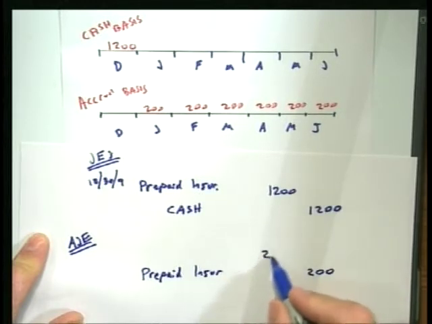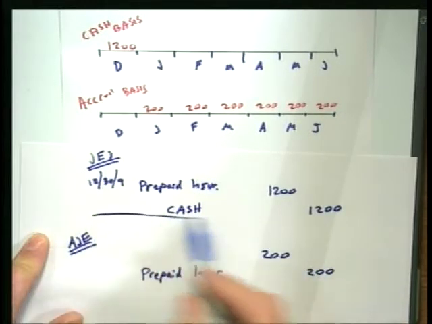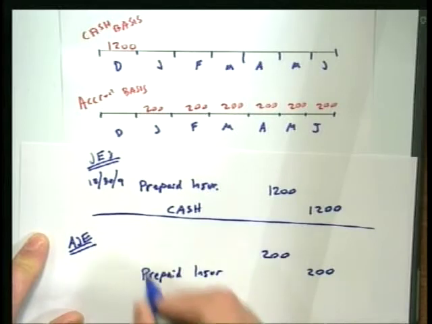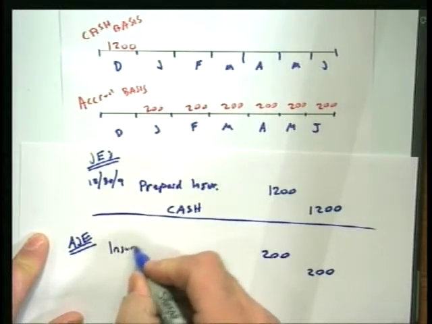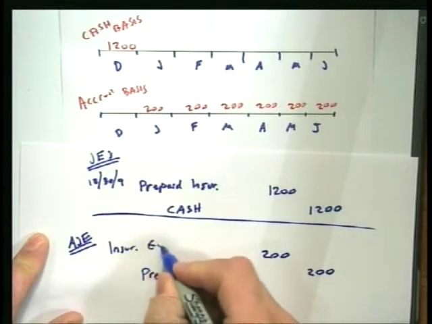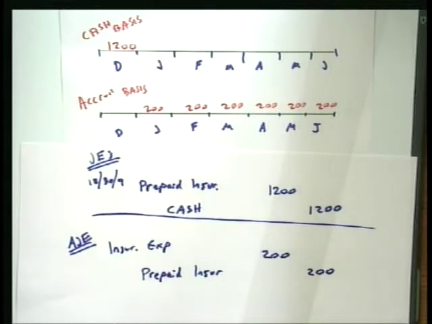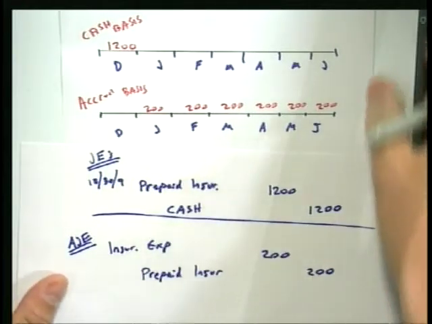And what do you think gets debited? Insurance expense. That did two things. That decreased our prepaid insurance to its correct amount, and I will show you that.